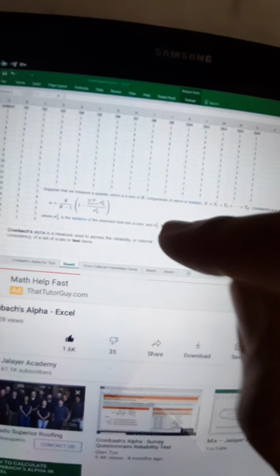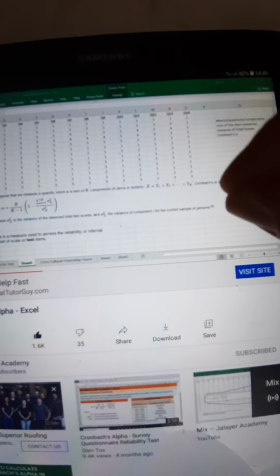It's written here: sigma of the variances. We can put it in Excel: enter equals variance, and Excel comes up. What is the variance? Up to the end of the points of every column, we get the variance, and we drag it in Excel here. We find the variance of every column. Then we get the sum of those here. When we get the sum of every column here, we put it in this part here.